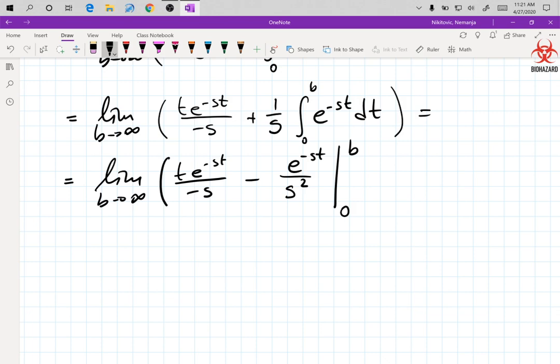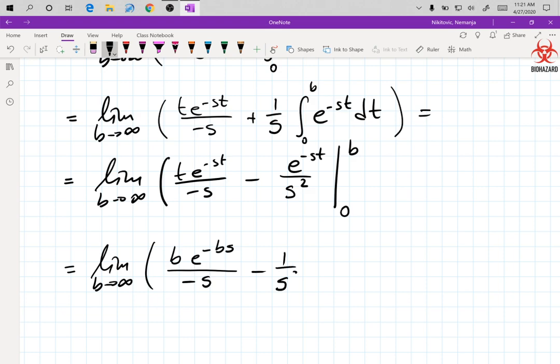And now I am supposed to plug these values in. So, limit b goes to infinity. Plug in b everywhere. So that's b e to the negative bs over negative s. And then now we'll plug in 0. We'll get negative 1 over s squared.